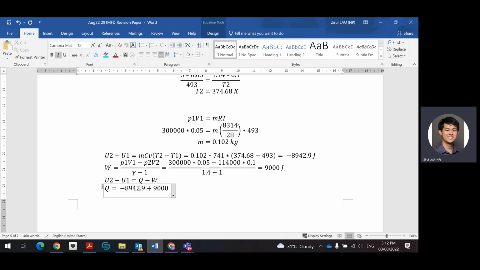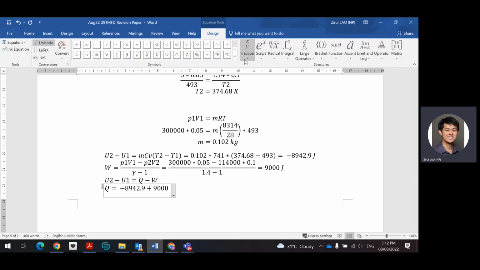Actually, this one you don't have to calculate because this is adiabatic, correct? So what is the characteristic of adiabatic? No heat, no temperature, no heat. Understand?